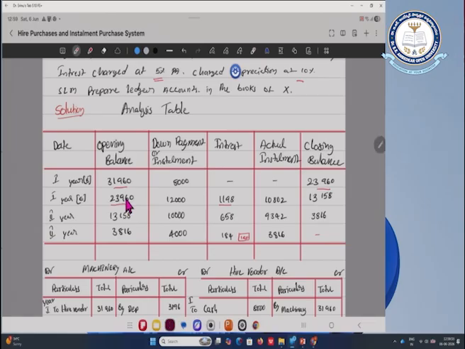So, total installment how much? 12,000. Interest we know already, that is 1198 rupees. So, after deduction of these 1198 rupees from your total installment, you will get the actual installment paid. That actual installment is how much? 10,802 rupees.